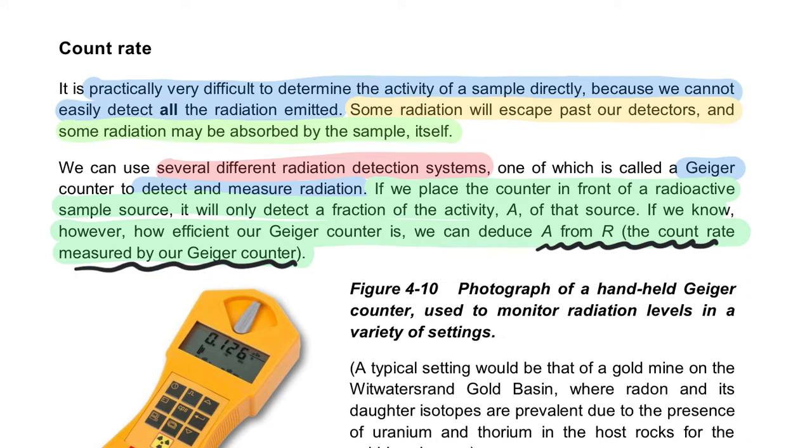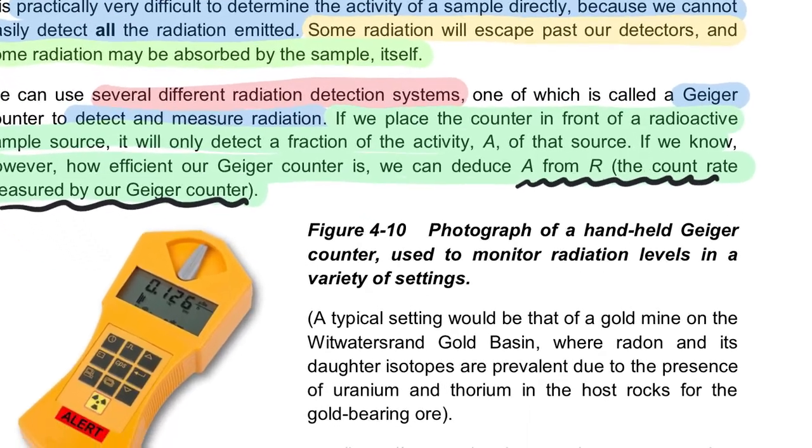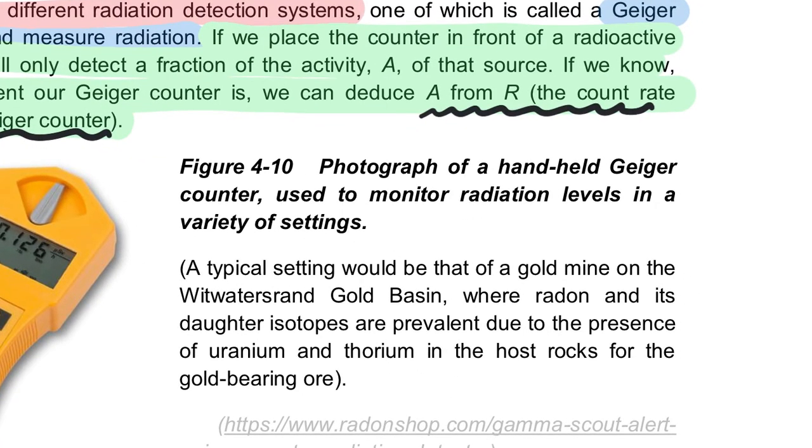A typical setting in which a Geiger counter could be used would be, for instance, in a gold mine. On the Witwatersrand Gold Basin, up in Gauteng, there is this huge reef that runs across Gauteng, and we see there in the ores radon and its daughter isotopes are prevalent due to the presence of uranium and thorium in the host rocks for the gold-bearing ore.